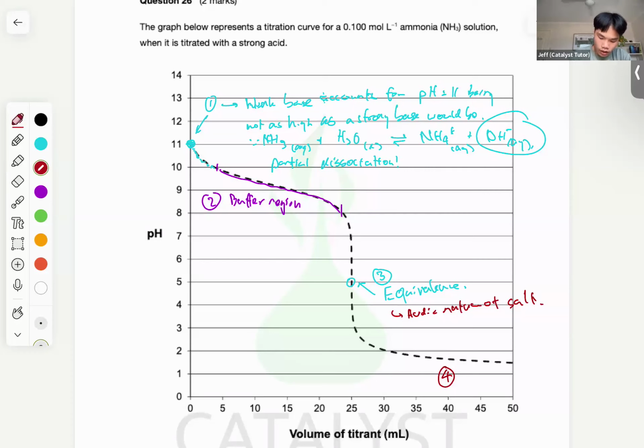Okay. This second part of the curve where we have a sharp descent, anyone know the reason why this would decline so sharply? Why does the pH decline sharply from pH 11 to 10?